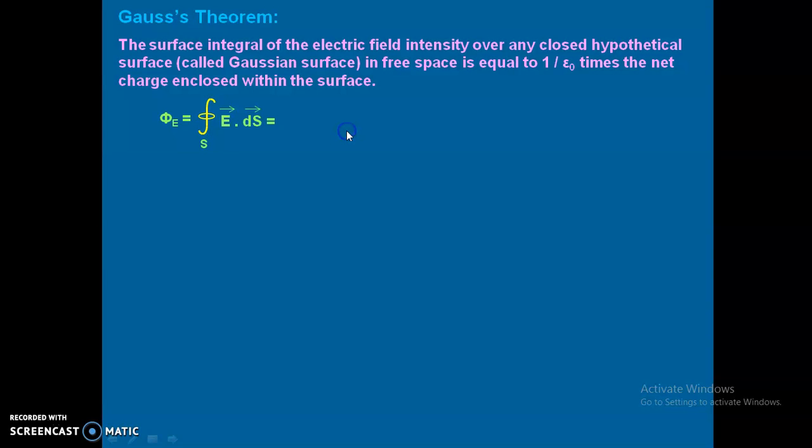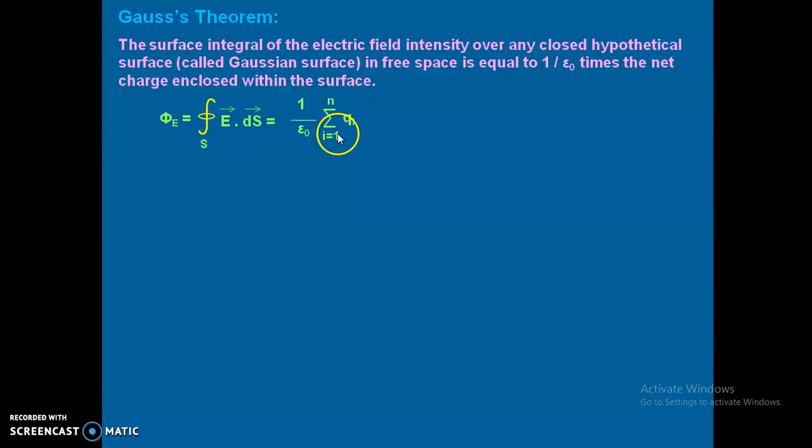Okay, so let's see. This particular term is called the surface integral of the electric field intensity over a closed surface. The sign of the integral is the sign of the closed surface. So vector E dot dS, integrated over a closed surface, is equal to 1 upon epsilon naught times the net charge.